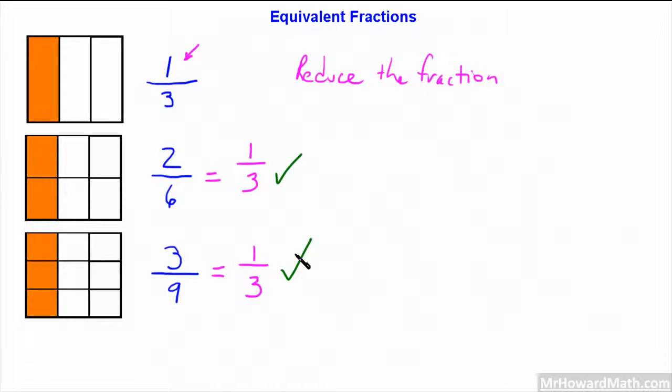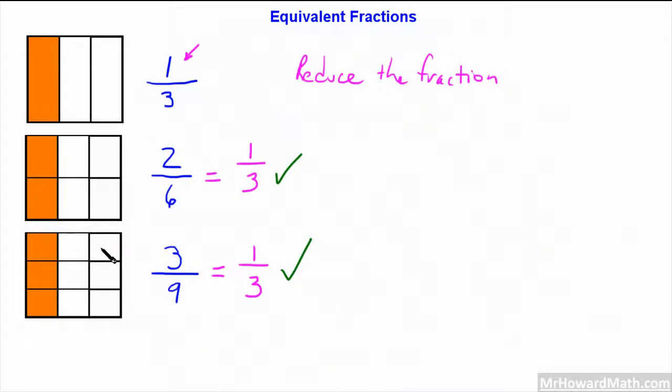Alright, so you can see that the way the equivalent fractions work, you know that you need to reduce them, and here's why. Here's visually, when you look at this, why 1/3 is the same as 3/9, the same quantity.